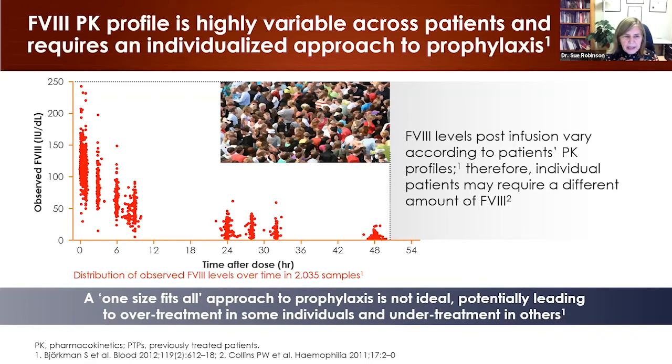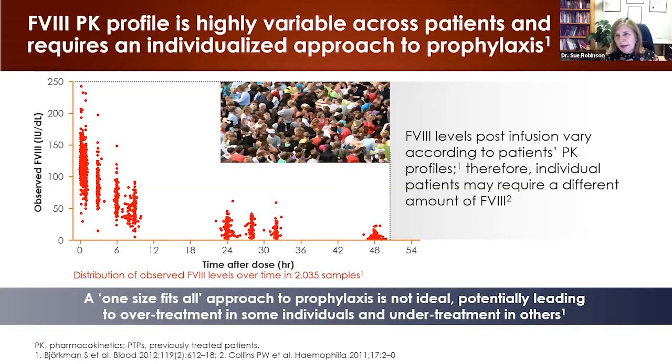So this is looking at the factor VIII PK profile. PK stands for pharmacokinetics, and this is the study of the movement of factor VIII in the blood from the minute that it's infused with the factor VIII concentrate to the time that the factor VIII leaves the bloodstream.